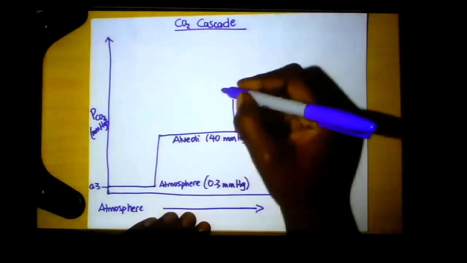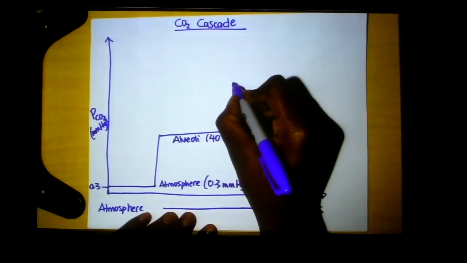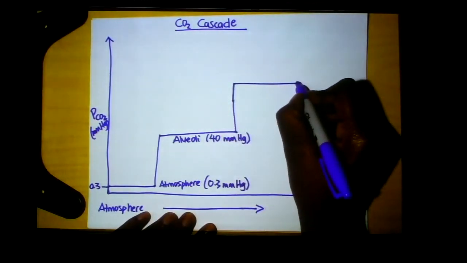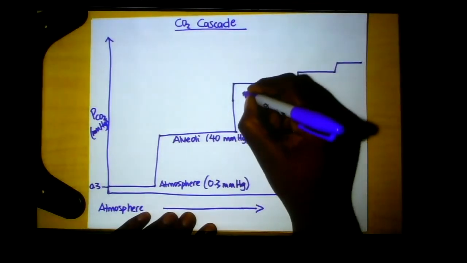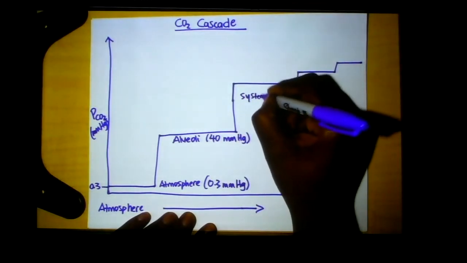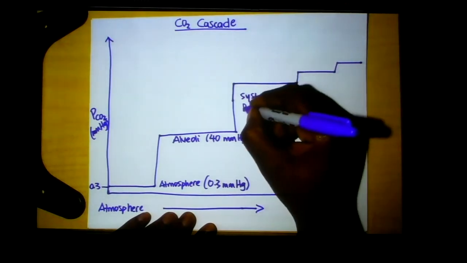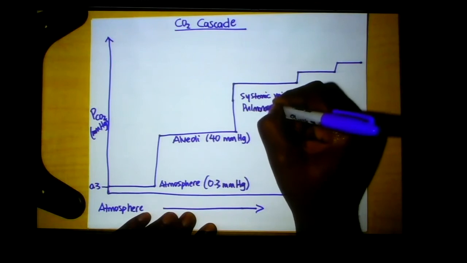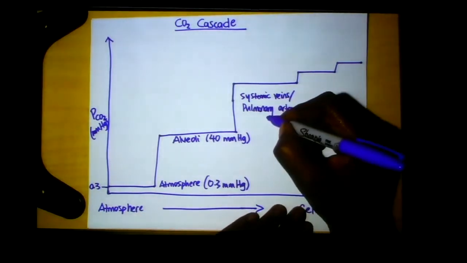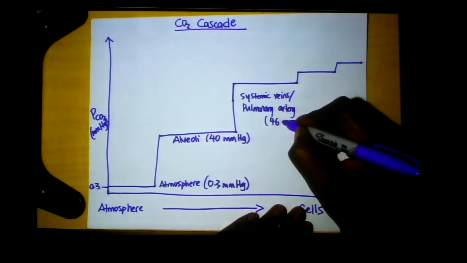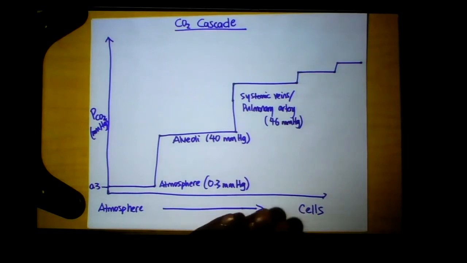Okay, and then we eventually increase as we go through the systemic veins and pulmonary arteries, and then again up to the capillaries and up to the cells. At this point, it's about 46 millimeters of mercury in the pulmonary arteries and systemic veins.